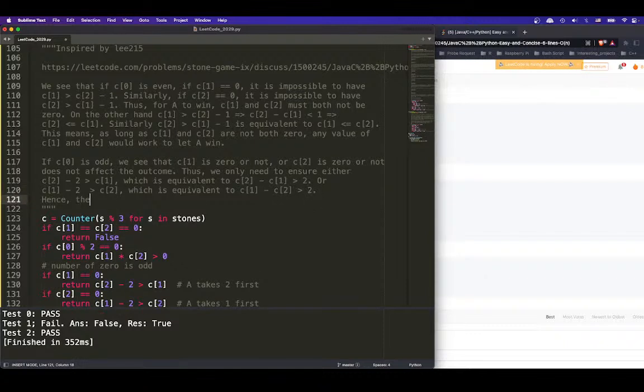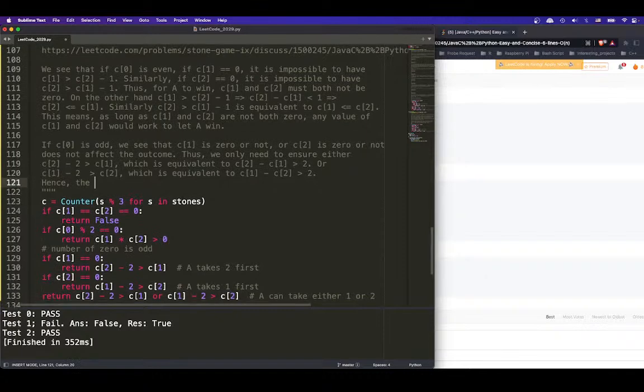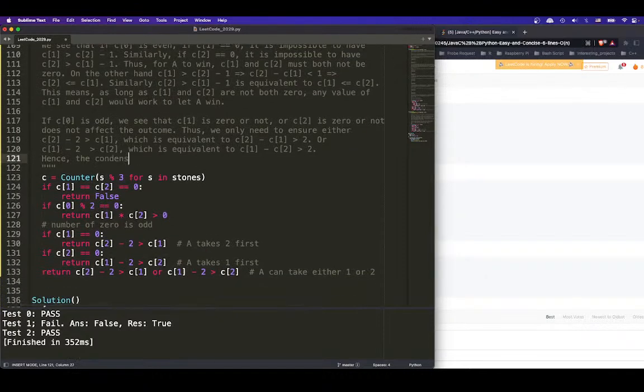Hence, the condensed version is ABS of C1 minus C2 larger than 2.